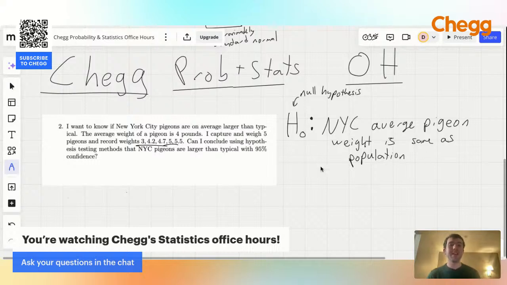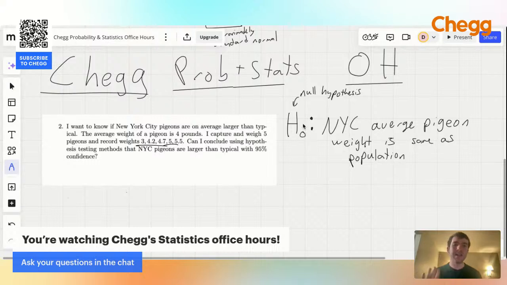This is usually something that we're trying to disprove, which is a little bit counterintuitive, because why would that be where we start? But the way statistics works is we try to make it hard to establish truth. We want to have a high bar for truth. And so we start off assuming that we know nothing, that we have no biases.